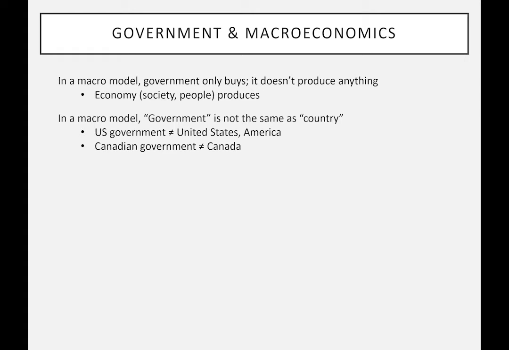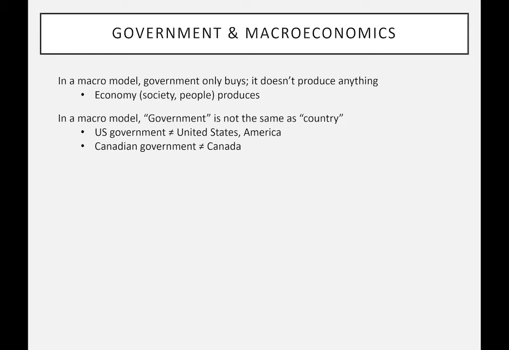Another point is that the government is not the same thing as the country. This is a very important point to think about: the U.S. government is not the same thing as the United States, or what people call America. Just like the Canadian government is not the same thing as Canada.